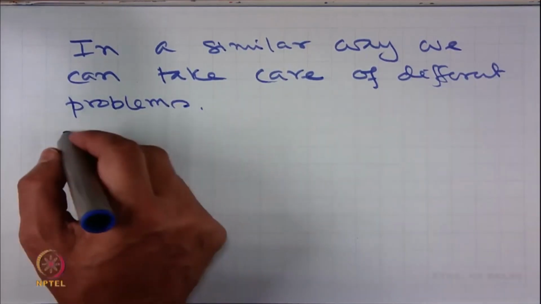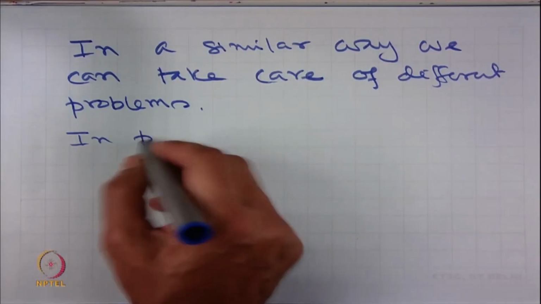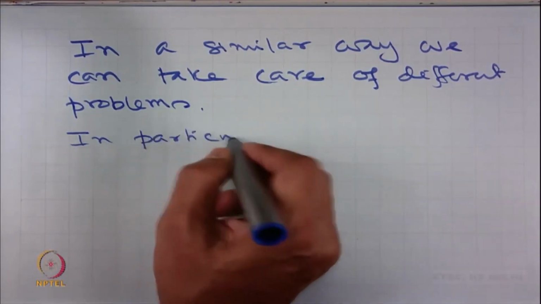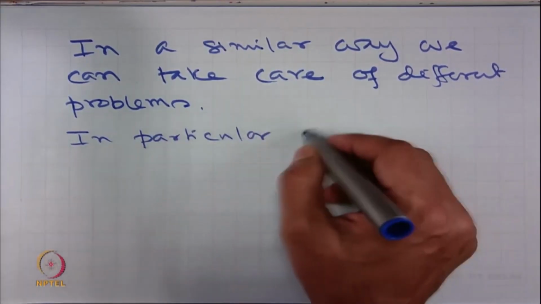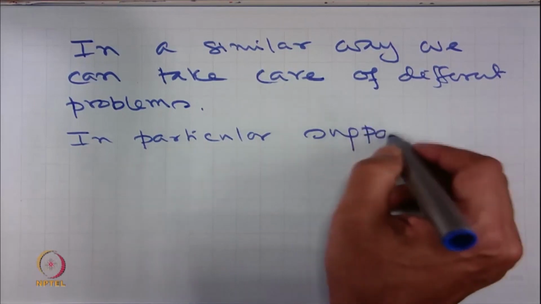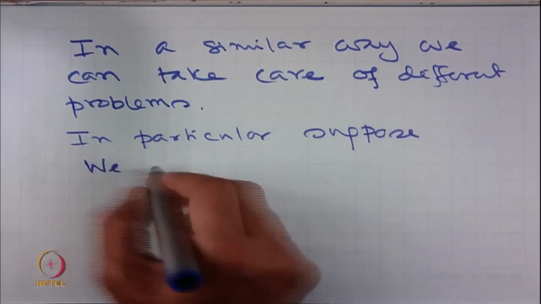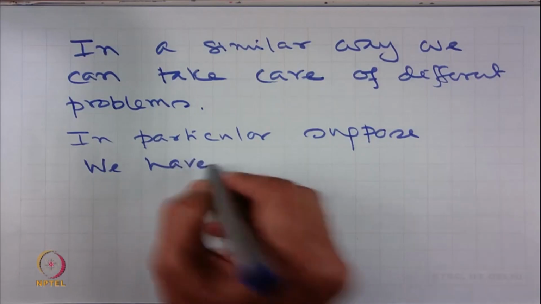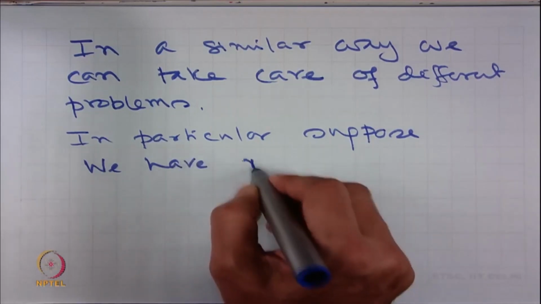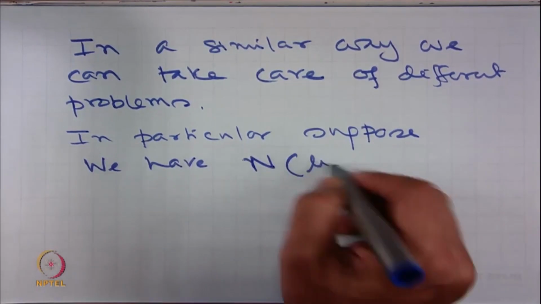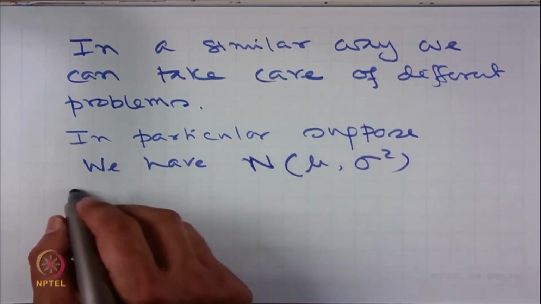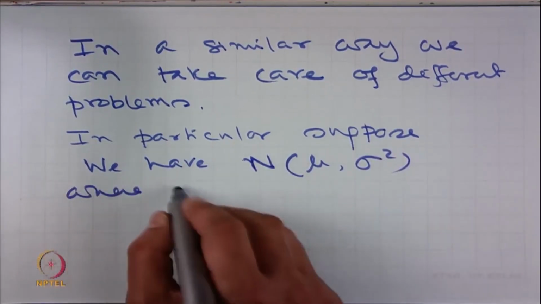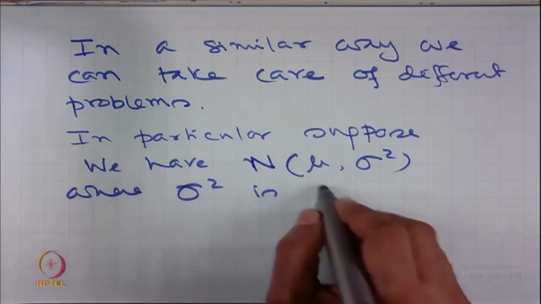In particular, suppose we have normal mu comma sigma square, where sigma square is known.